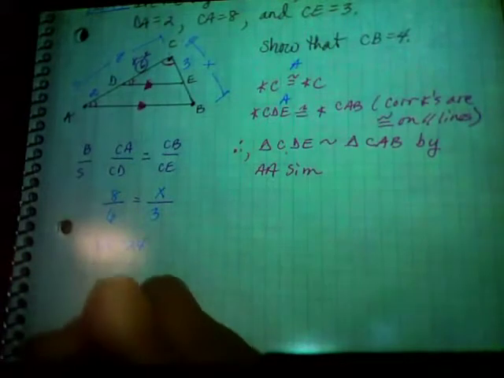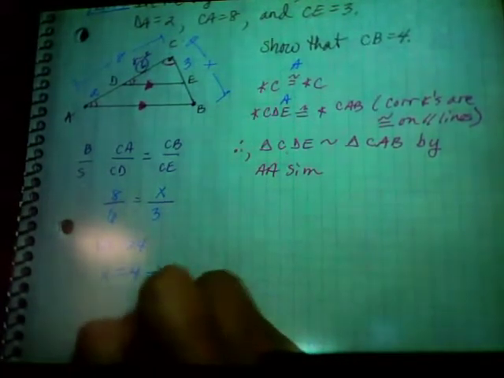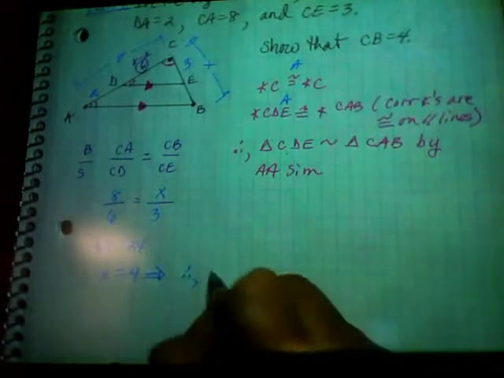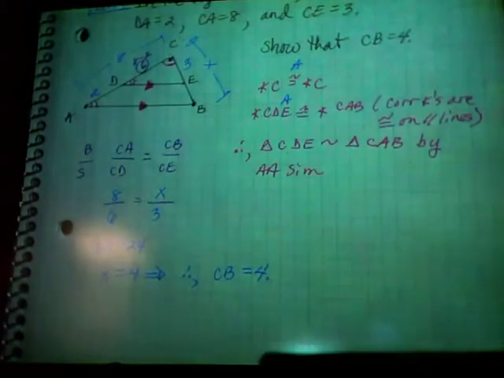When I divide by 6, what does x equal? 4. Therefore, the measure from C to B is equal to 4. Because they use that word show, I had to be more specific in my work. I couldn't just do the scratch work and come up with the answer.